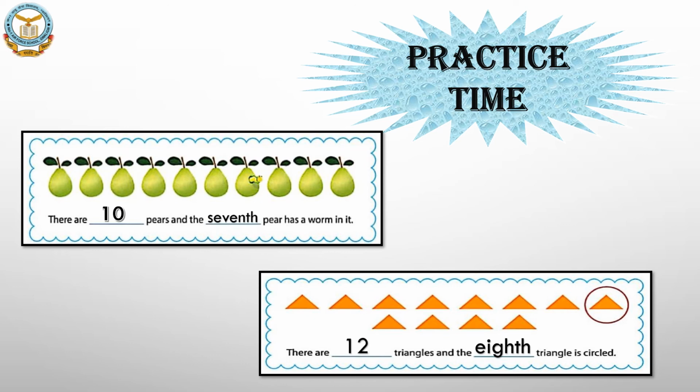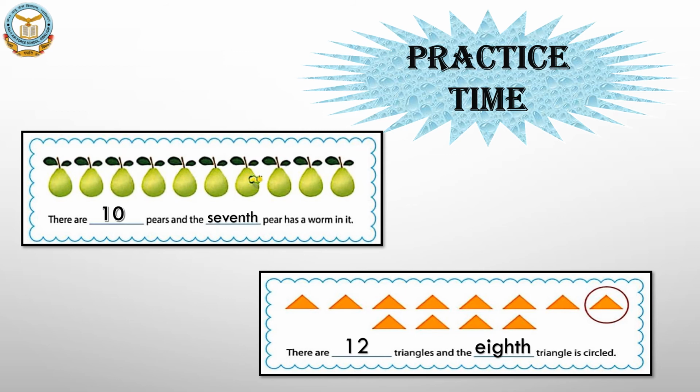Now let's move to the second picture. In this picture, some triangles are arranged. In the first part, there are dash triangles. It gives you how many. So the answer will be the cardinal number, that is 12. And the dash triangle is circled.